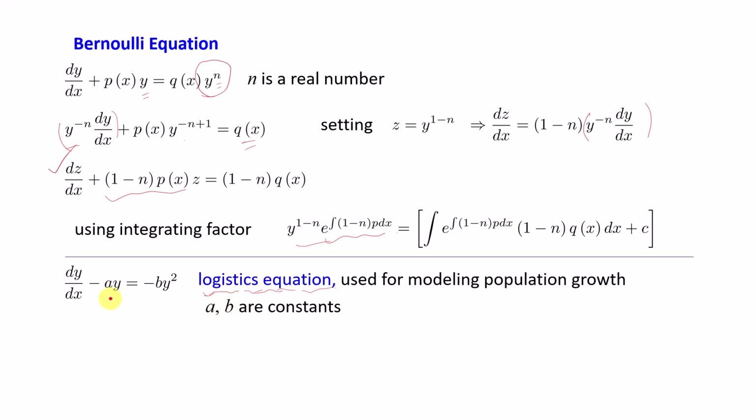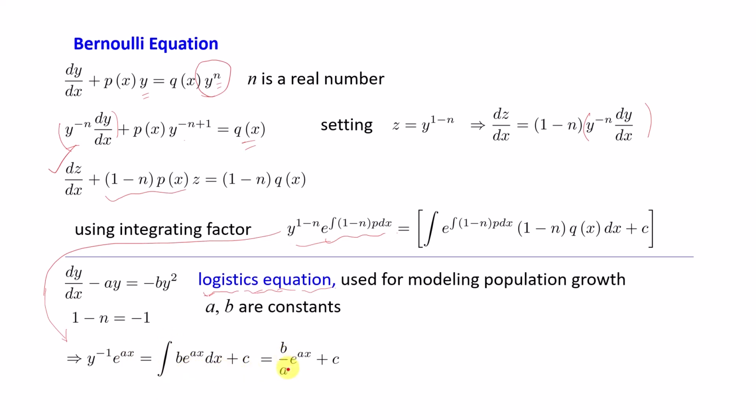Here a and b are constants, and to solve this, I have to follow this route and divide both sides by y square. Here 1 minus n is minus 1. Then I can use this solution, and this solution will give us y to the power minus 1 equals e to the power ax integral b e to the power minus ax dx plus c.